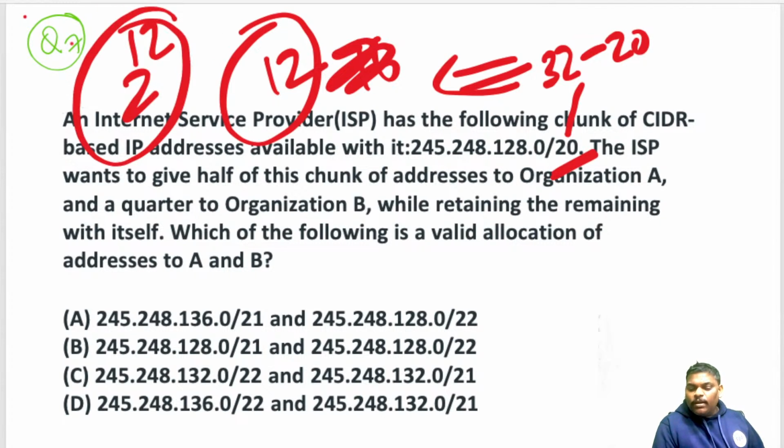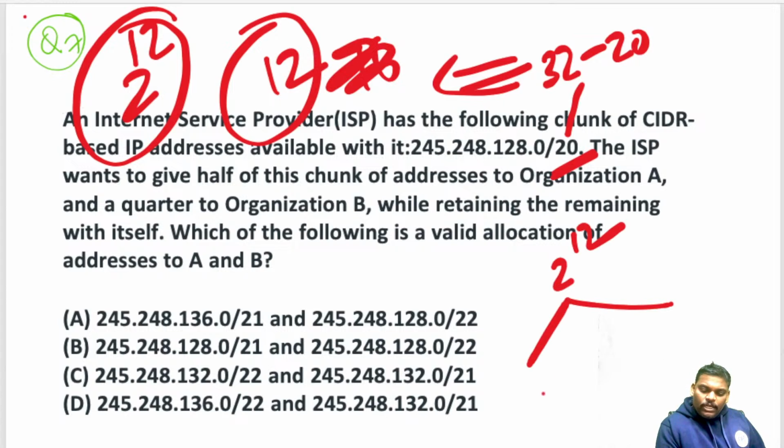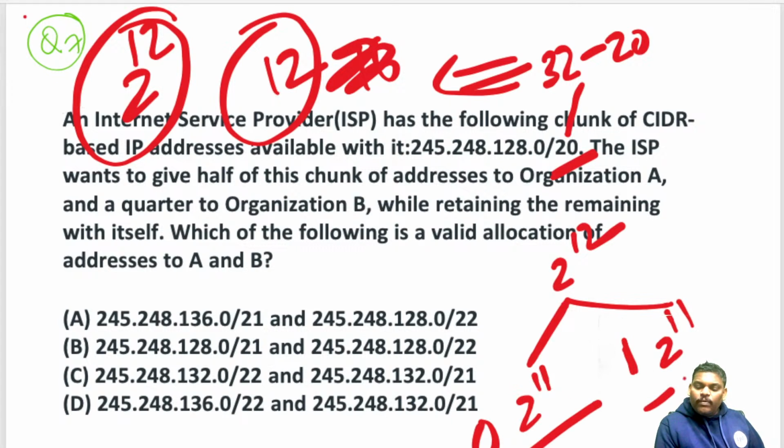In those 2 power 12, what he has done is divide them into 2 parts, 2 power 11 and 2 power 11. That means 12 bits: the 12th bit is 0 for one 2 power 11 block, and the 12th bit is 1 for the other.